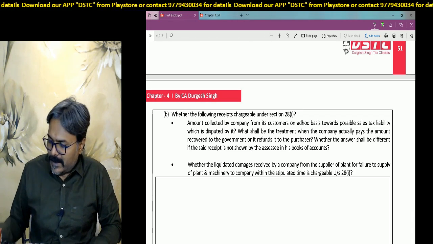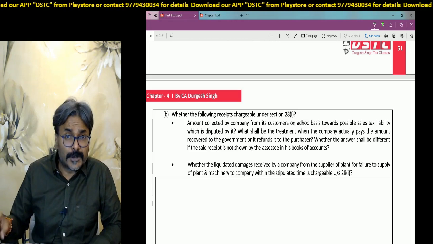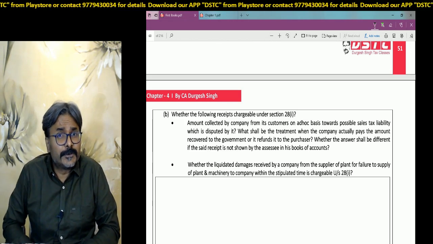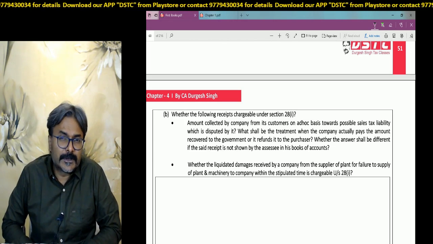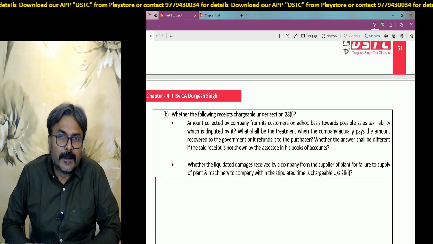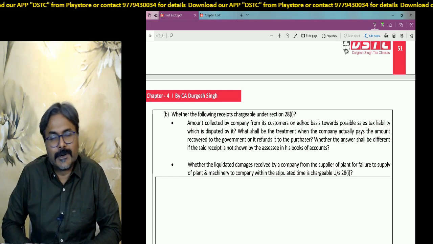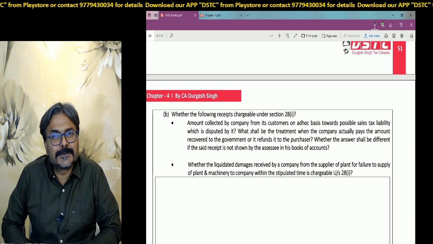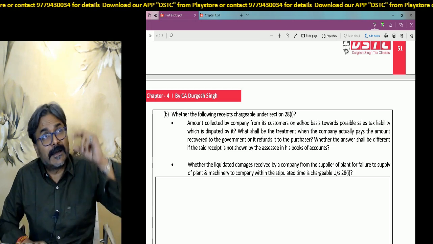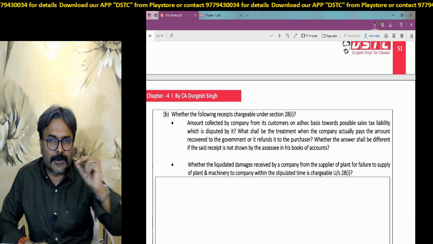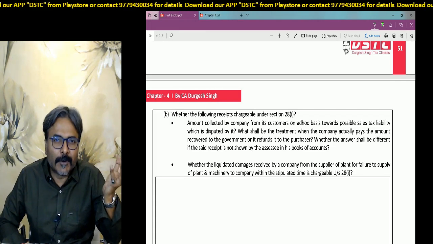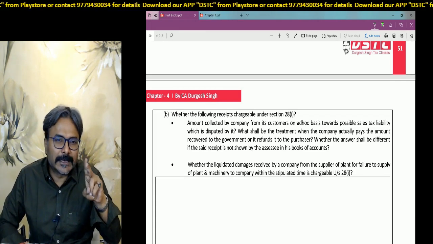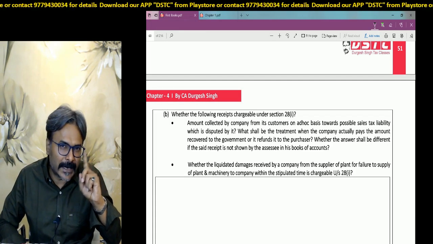Students, one point I'll bring to your attention. Please be attentive on this particular part. When we talk about income tax law, primarily what we are supposed to look into is whether the amount is chargeable to tax or not. For that matter, we have seen section number 4, the total income concept, part 1 and part 2.